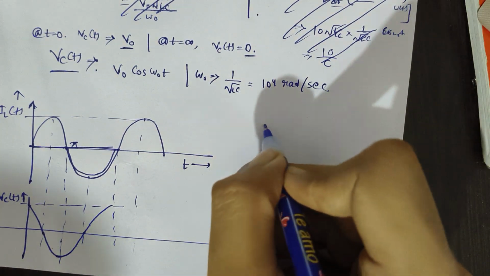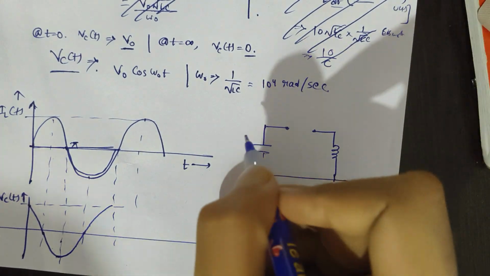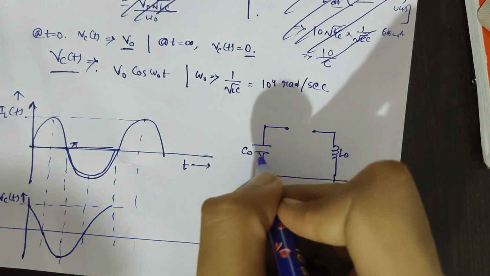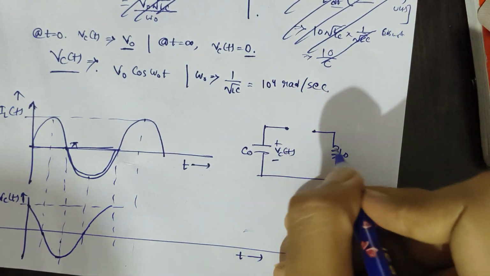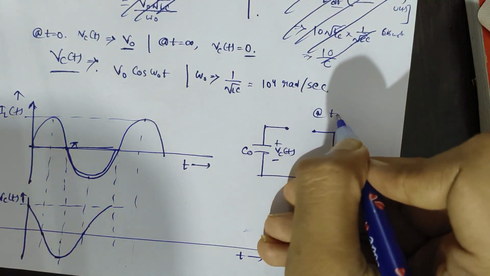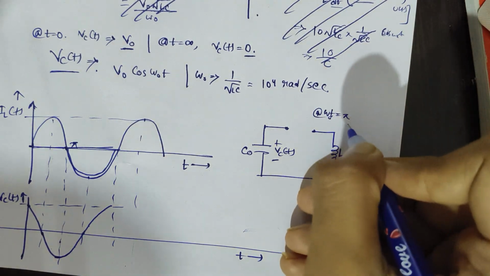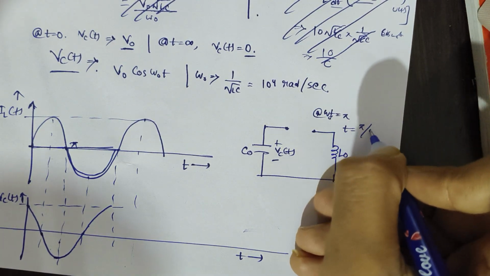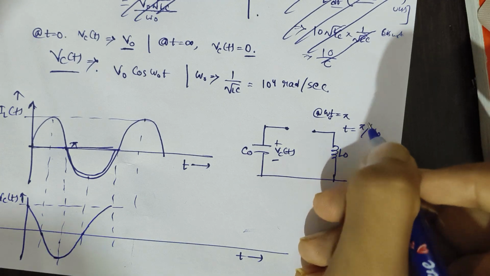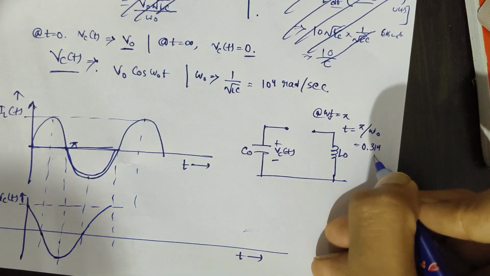So if the diode will be turned off, then the inductor and the capacitor will be separated, and we will get something like this at t equal to pi, or we can say omega naught t equal to pi, t equal to pi by omega naught, which is 0.314 millisecond.